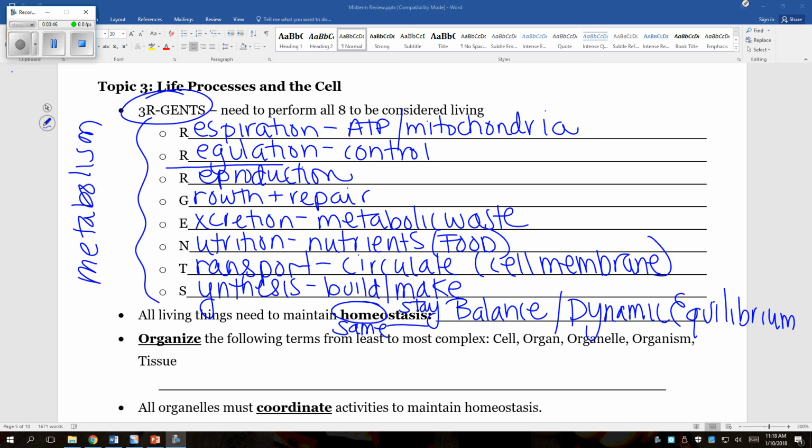What are some examples of homeostasis? One classic example is body temperature. So whether it's really cold out or really hot out, your body is always going to be 98.6 degrees, roughly. If it's really cold out and your body temperature starts to go lower, what do you start to do? You start to shiver. You start to get goosebumps. That's in order to conserve that heat.